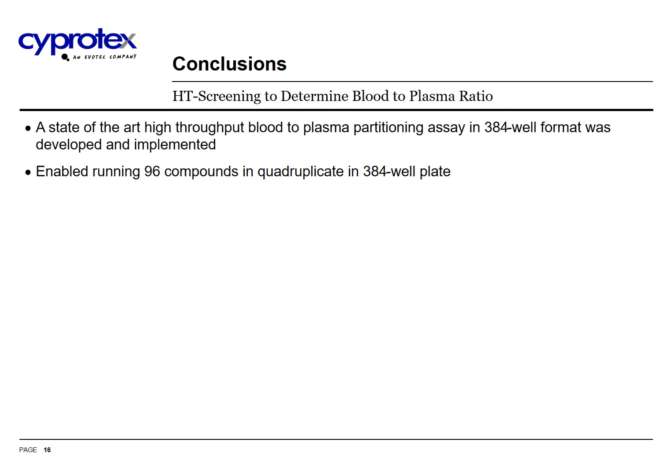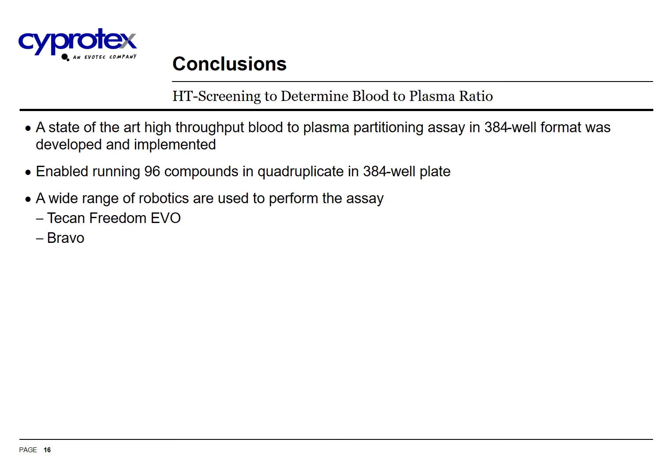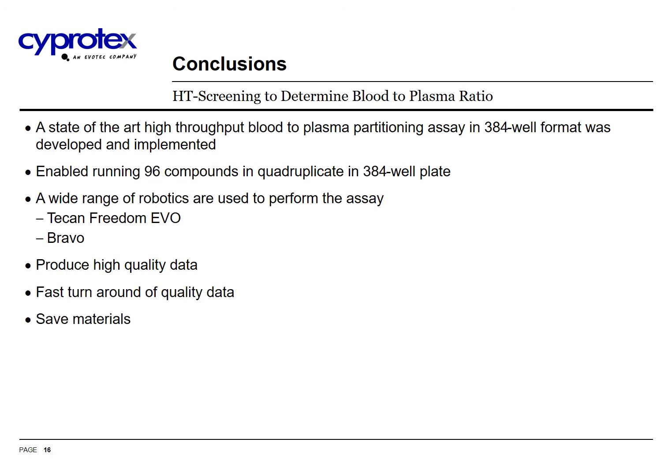The method enables running 96 compounds in quadruplicates at a time in 384 well plate. A wide range of robotics like TCAN and Bravo have been used to perform the assay. The technique developed generates quality data at faster pace using less materials.